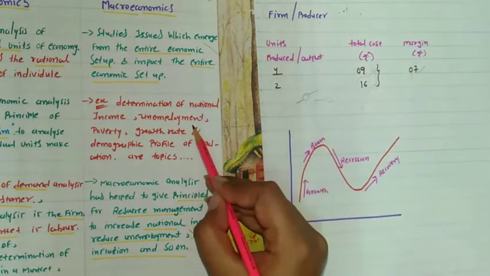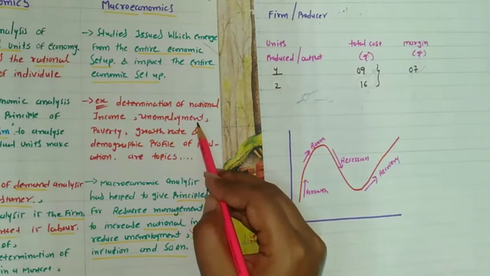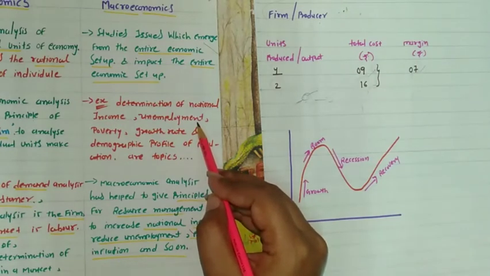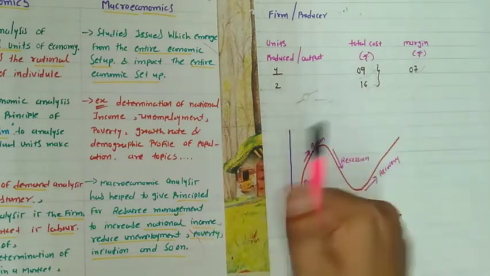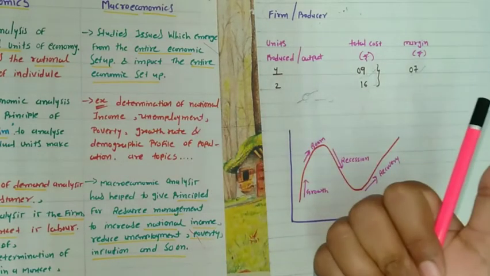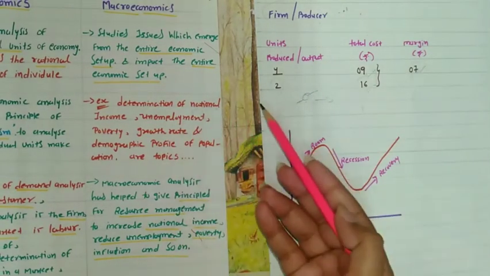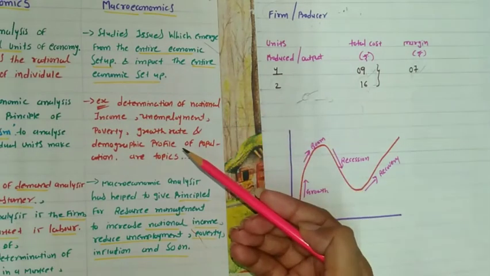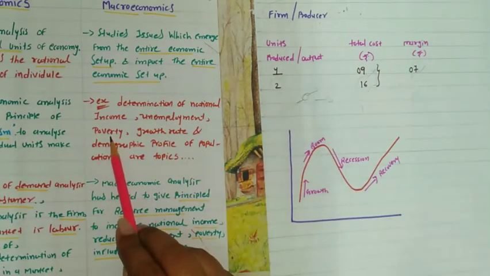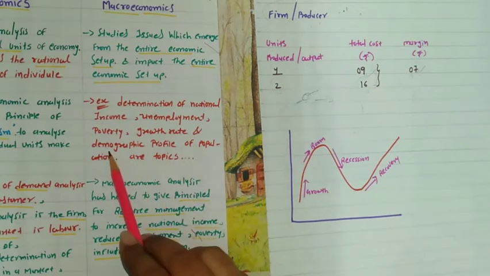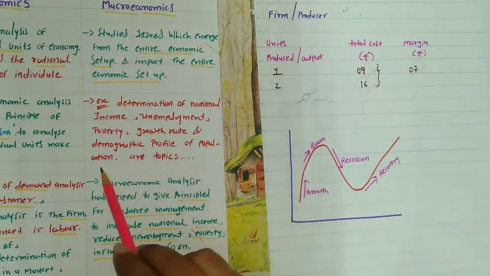Unemployment means persons who are educated and deserving of a job but cannot get one. Those persons are known as unemployed persons. So unemployment is also a problem of our economy. Then poverty, growth rate, and the demographic profile of the population.